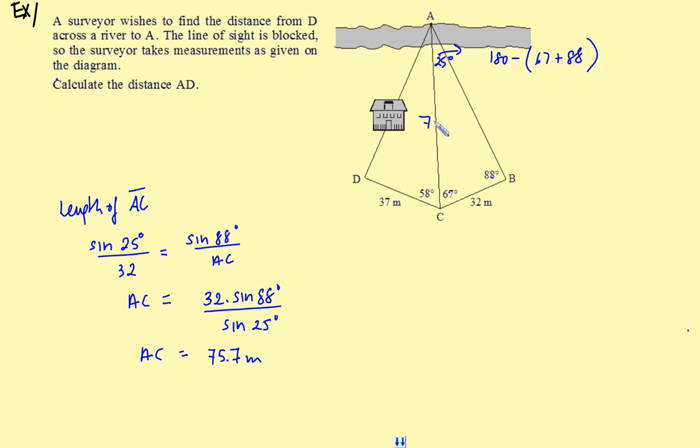So if this is 75.7 meters, I can now use the cosine rule, because the only pieces of information I've got here are the two sides and the included angle.